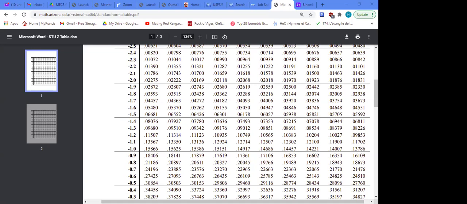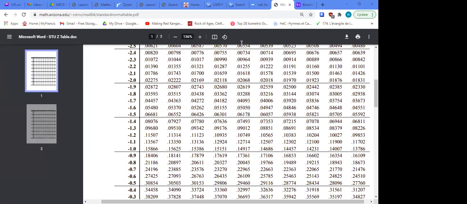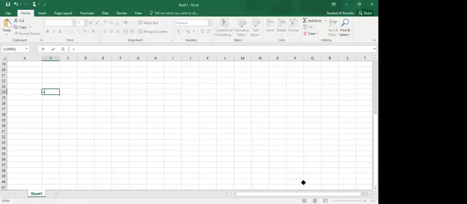So now, let's use Excel. In Excel, you type equal to and begin to type normal. We are going to use normal S for standard. If you use normal distribution, the only difference is that you put the mean to be 0 and the standard deviation to be 1.